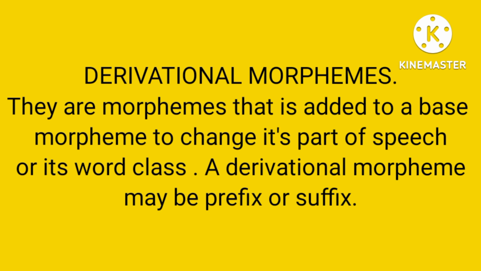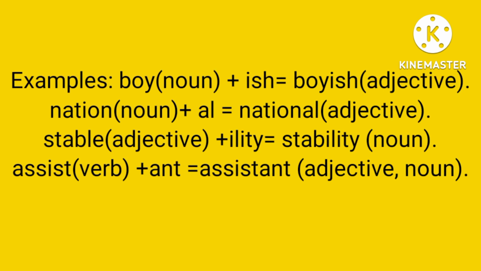Hope, which is a noun, plus ful, makes it hopeful, which is an adjective. And also stable, which is an adjective, plus ility, which makes it stability, which is a noun. From the examples stated, I think now you can make your own example.